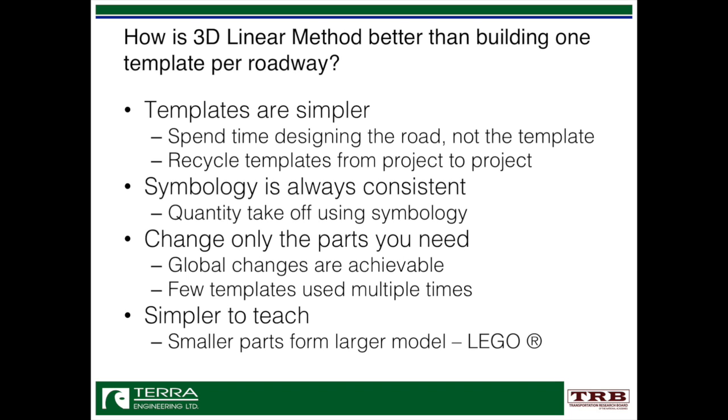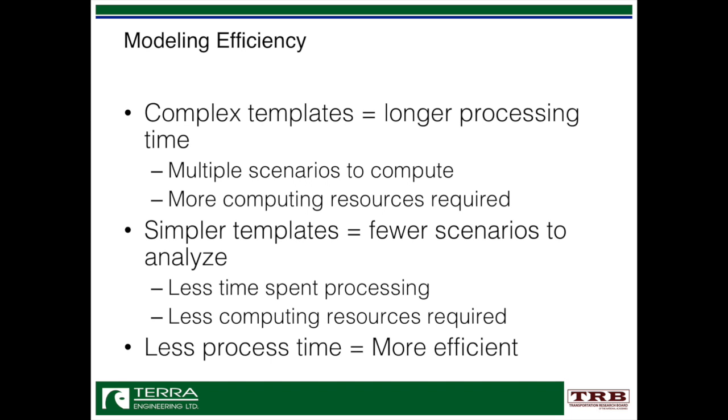So let's talk about efficiency of how generating this work. Complex templates, the single ones, do take longer times to process because the computer has to run through every single scenario, and the more components within that corridor, the more time it's going to process and the more computing resources it's going to take.